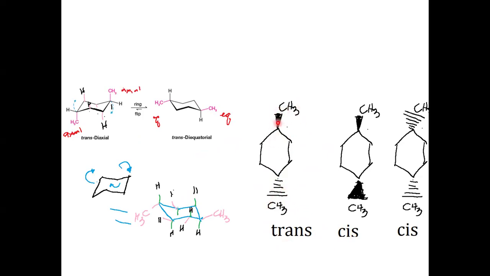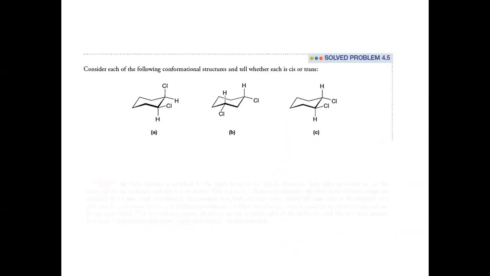It means that if this hexagon here is the plane, this dark one is protruded towards you, and this broken line is protruded away from you. So they are on opposite sides of the plane. You can say that this is the trans position, the 1,4 dimethyl cyclohexane. And here you have two wedges on the same side.